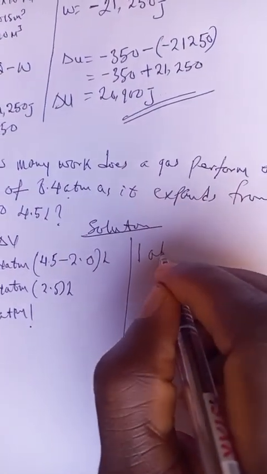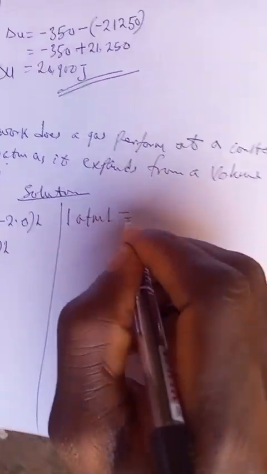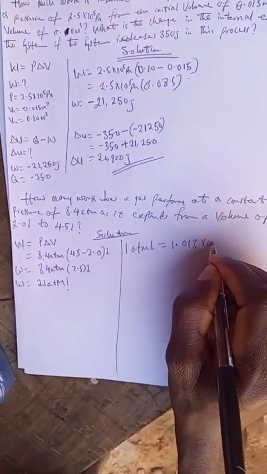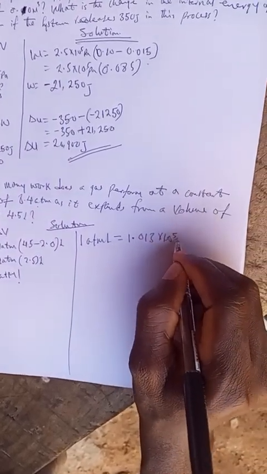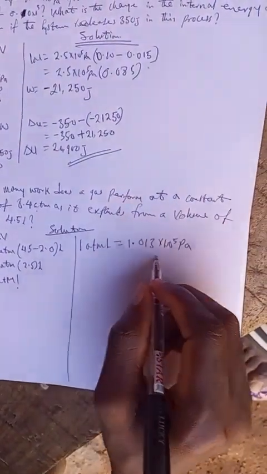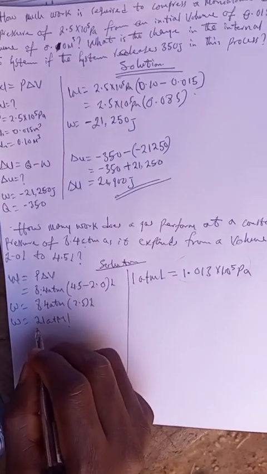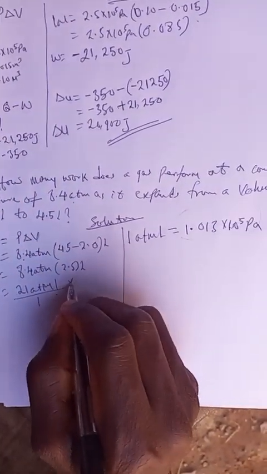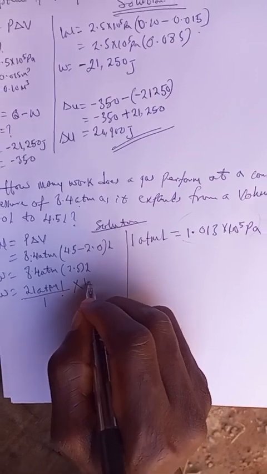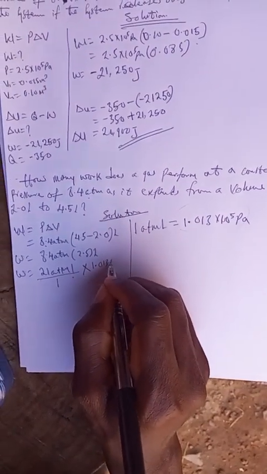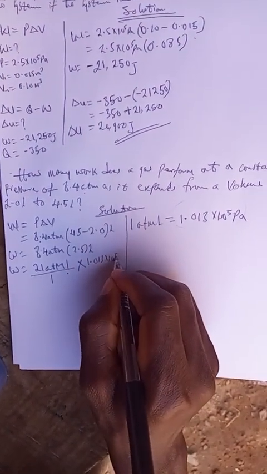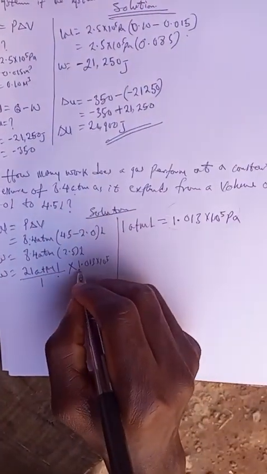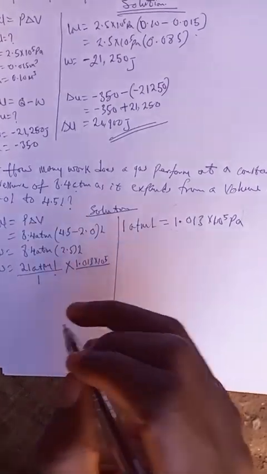1 atm liter is equal to 1.013 × 10^5 Pascal. So what you have to do here is say 21 atm liter divided by 1 times 1.013 × 10^5. This one is a constant, like a conversion rate of units from liter atm to joules.